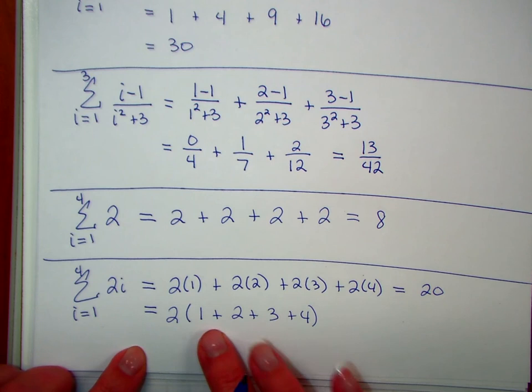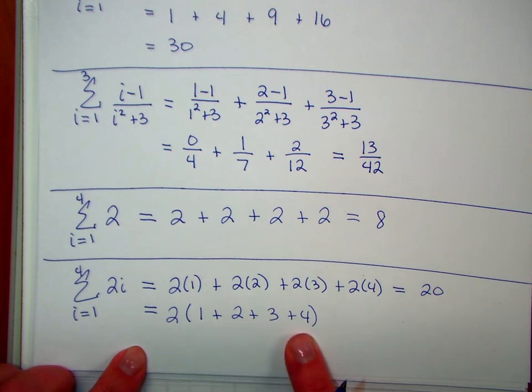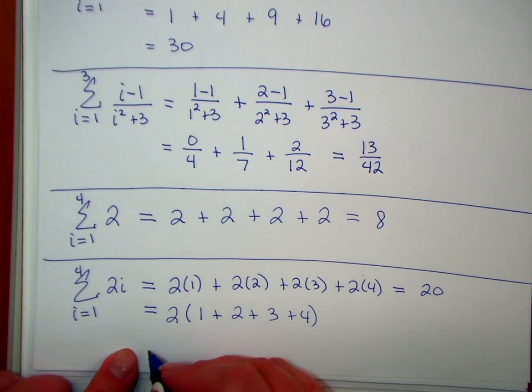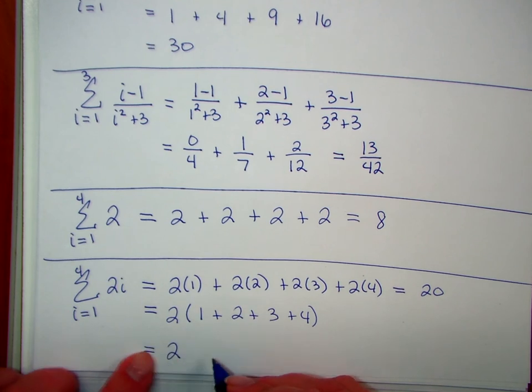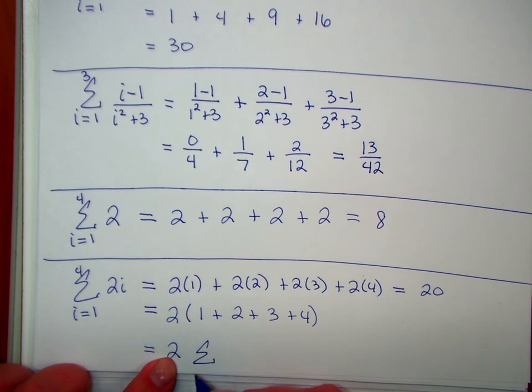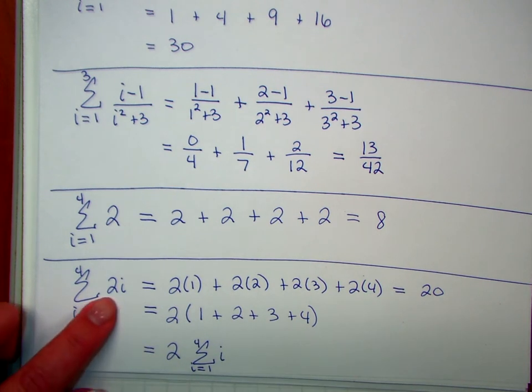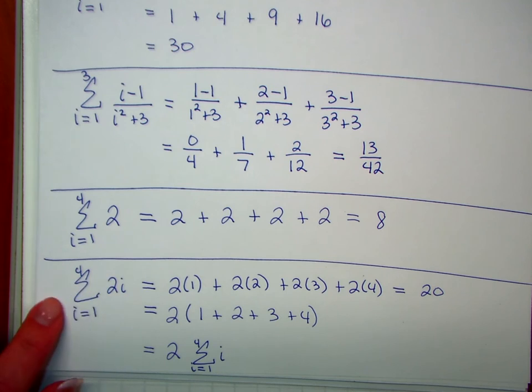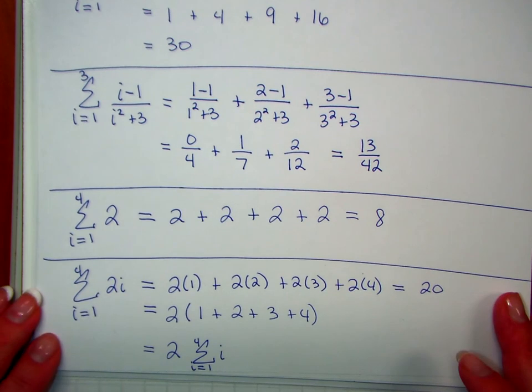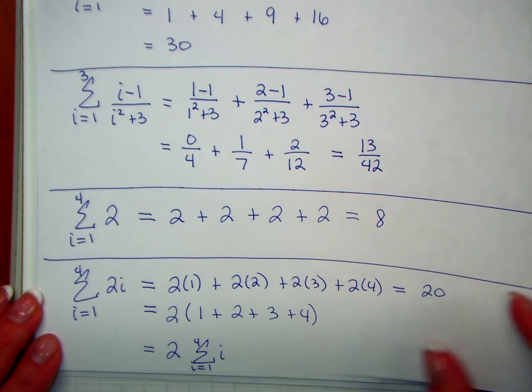And 1 plus 2 plus 3 plus 4, that's a sigma sum. This is equal to 2 times the sigma sum from 1 to 4 of just I, right? So if it just has a constant times I, we can factor that constant out, which is very helpful. So keep that in mind.